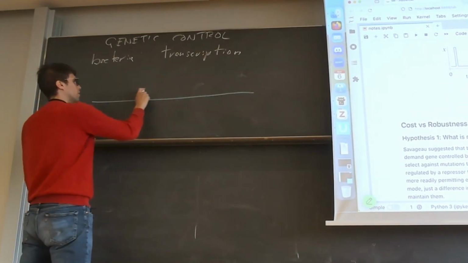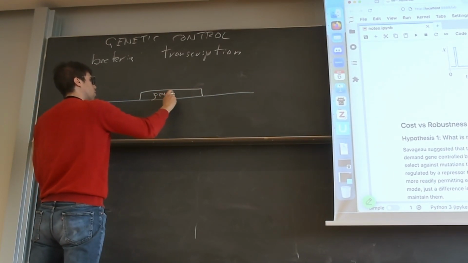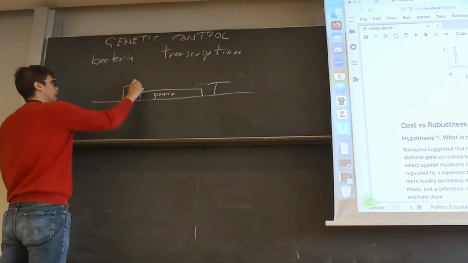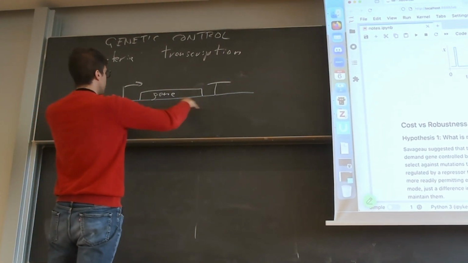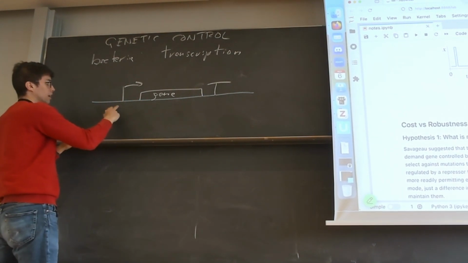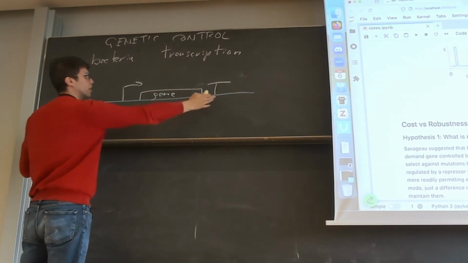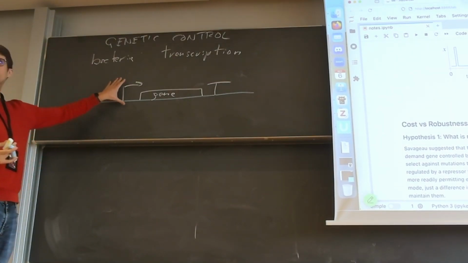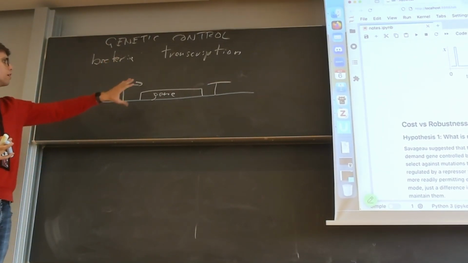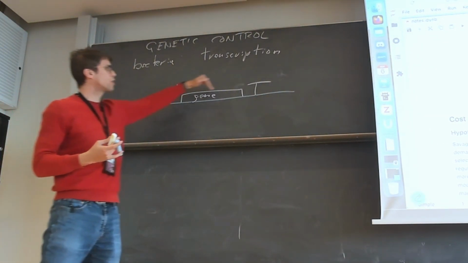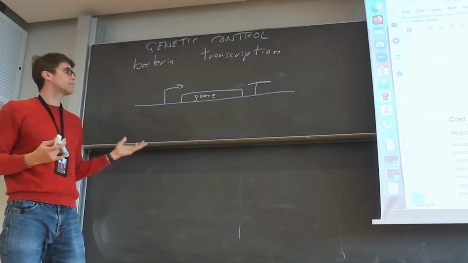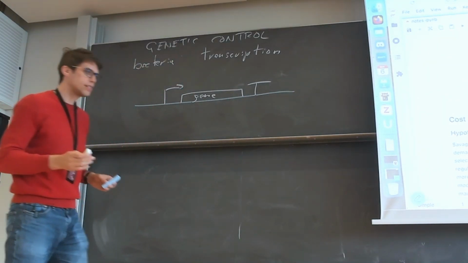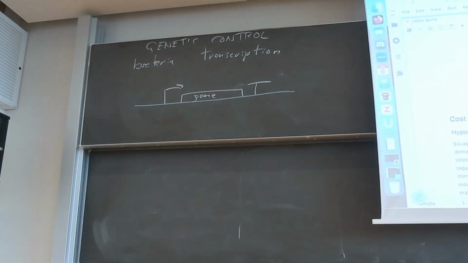On this DNA, we have some gene, so coding for a certain protein, and here are some accessories to the gene on the DNA, some accessory sequences. Here's the promoter, and here's the terminator. And what happens when you talk about transcriptional control means that even the transcription of DNA into RNA is inhibited or regulated up.